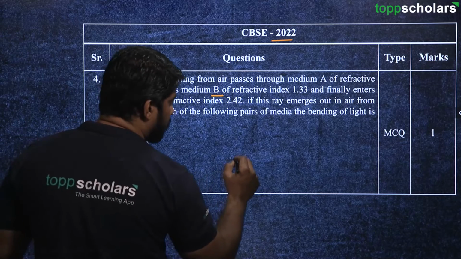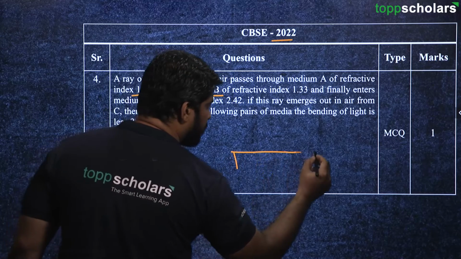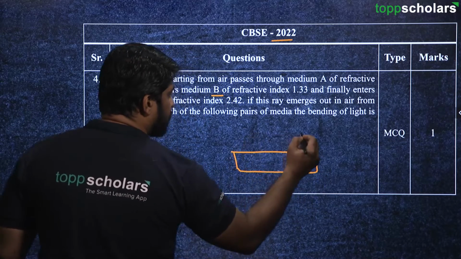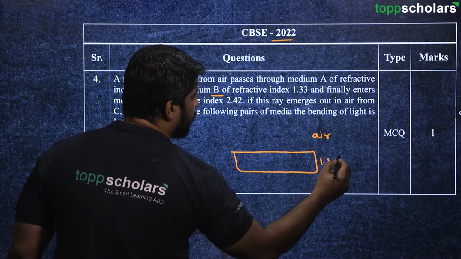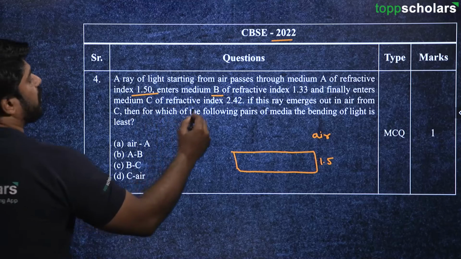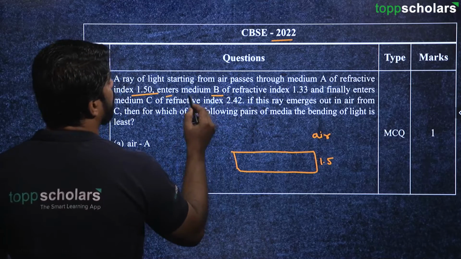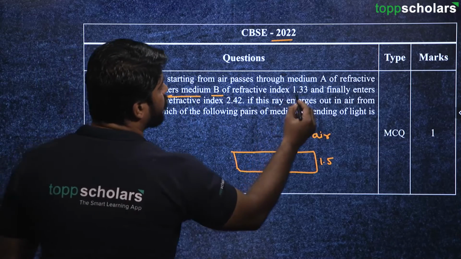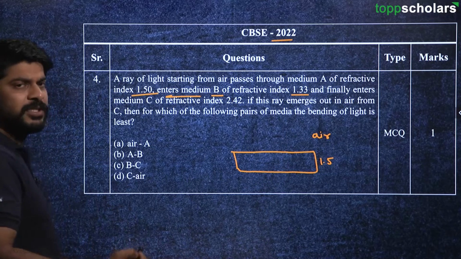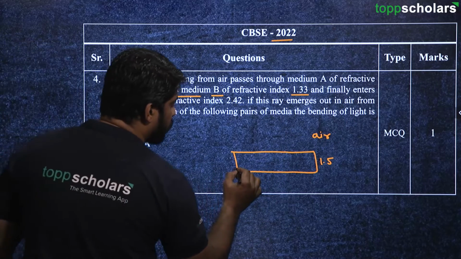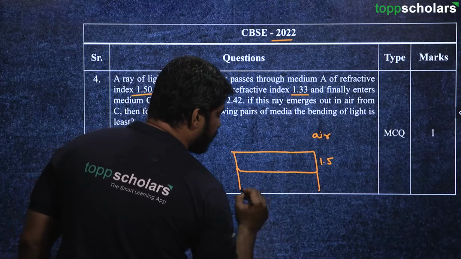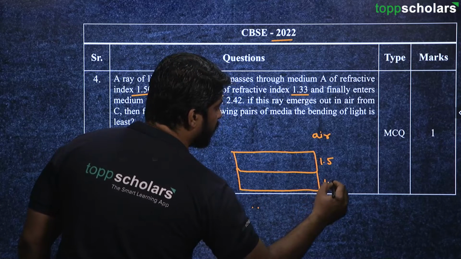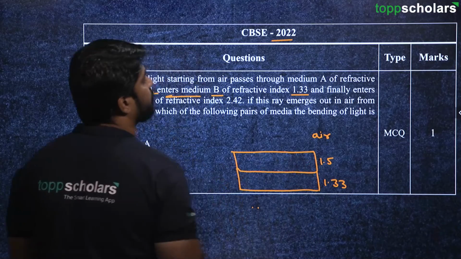So we can say there is a glass medium and there is air, and here the refractive index is 1.5. Then we have another medium B whose refractive index is 1.33, and basically that medium is water. So let's say this is medium 2 or medium B, with refractive index 1.33.